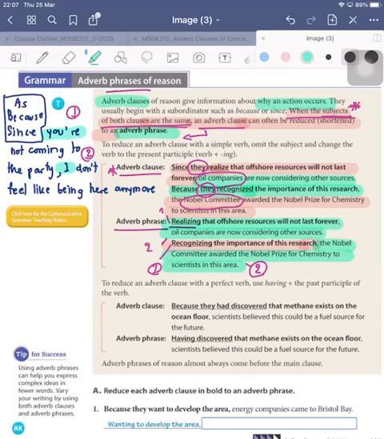Okay, so right. As you can see here, in the first part that we talked about, you're using present tense. You have present simple tense and you have past tense here. Both of them turn into ing.